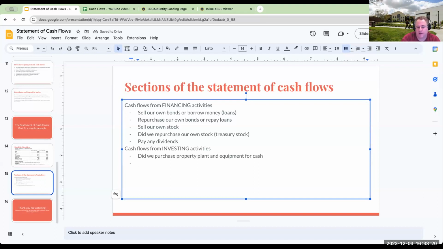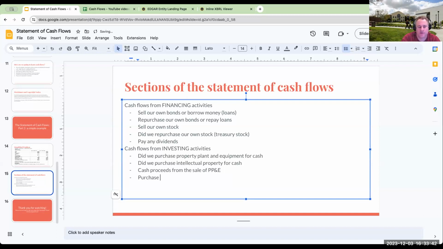You could say the same thing: did we purchase patents or intellectual property for cash? What else goes in investing? Cash proceeds from the sale of equipment or from PP&E.